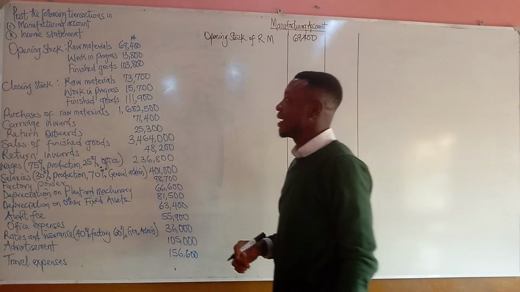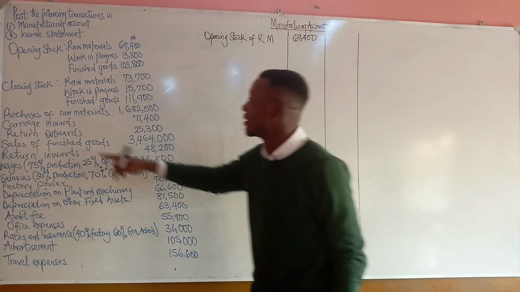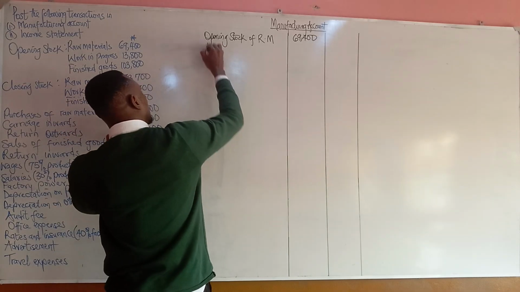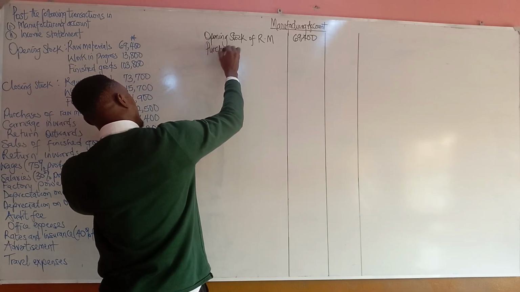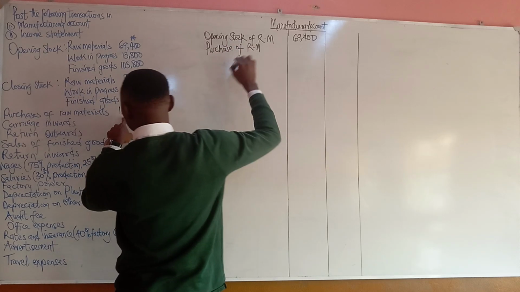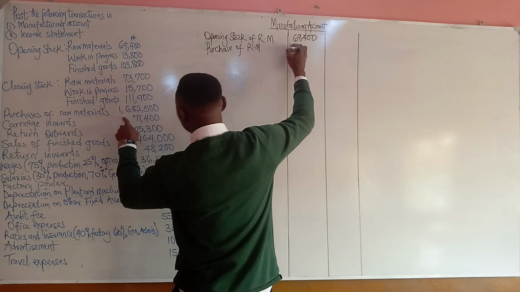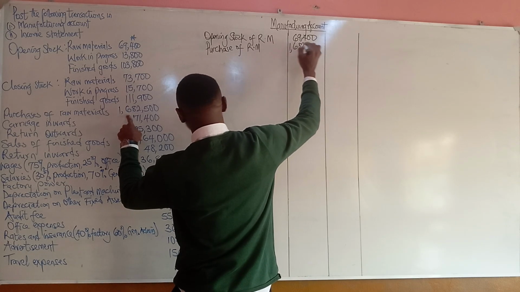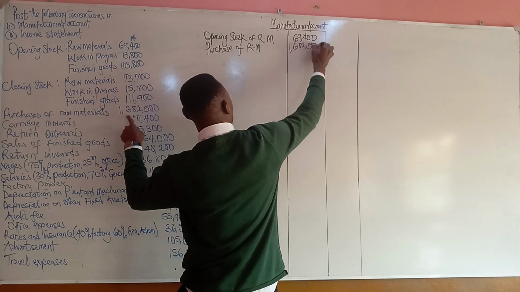Now I'm going to check if I have purchased raw materials. Yes, there's purchase of raw material, and the purchase of raw material, I have 1,682,500.